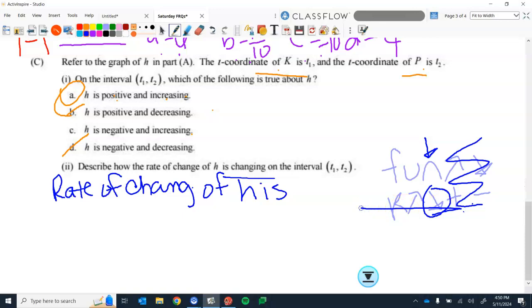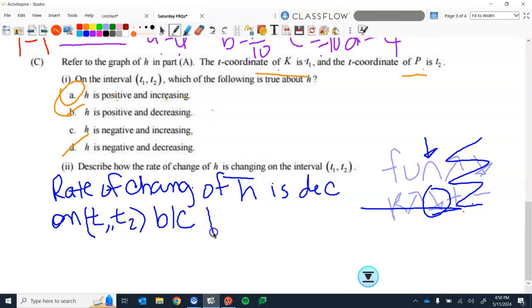The rate of change of H is decreasing on T1 to T2 because H, the function, or you can say because the function, really should say H. The rate of change of H is decreasing on T1 to T2 because H is concave down.